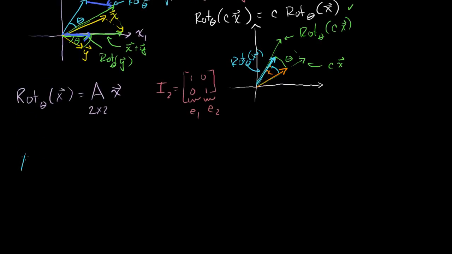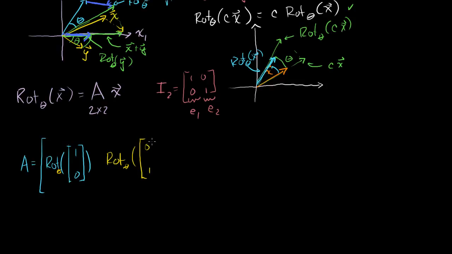Our matrix A is going to be, the first column of it is going to be our rotation transformation performed on the vector 1, 0. And our second column is going to be the rotation transformation, there's a little theta here that I'm forgetting to write, of that one, 0, 1. This is what our A is going to look like.